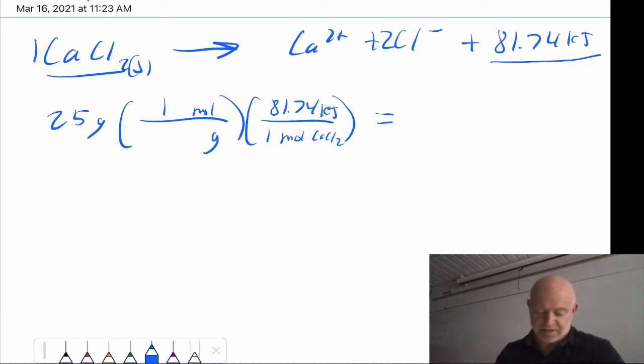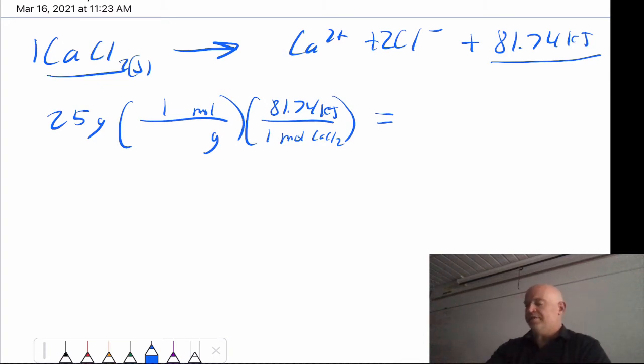That's our process. I can now say if I dissolve 25 grams of calcium chloride, I can make X kilojoules of heat energy released. For a manufacturer, that might be important because they want to put the right amount of calcium chloride in there to produce the right amount of heat energy. They don't want it to get too hot and potentially burn a person, but they want it to get hot enough so it's actually usable.